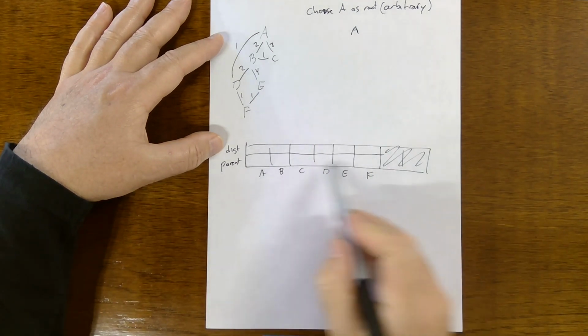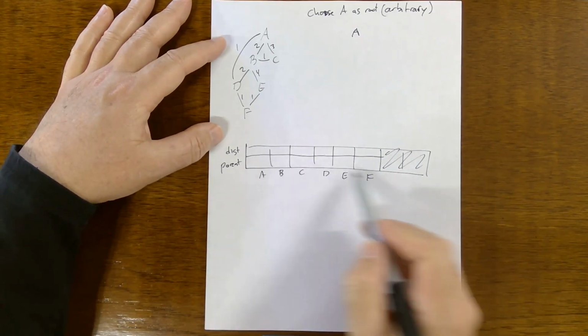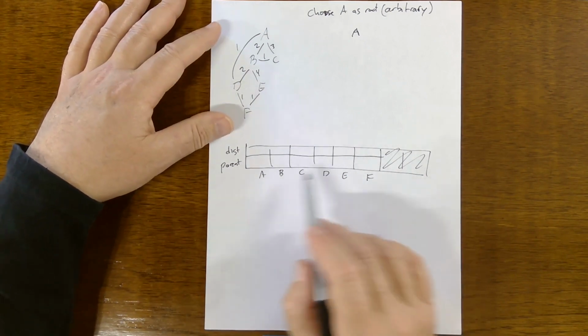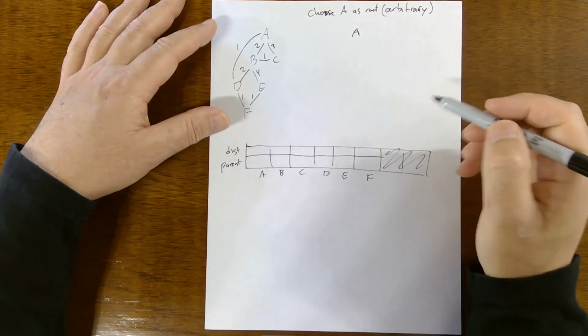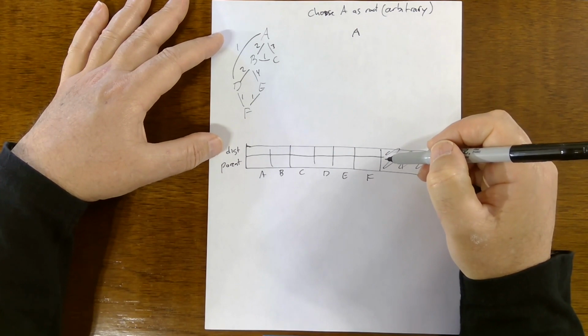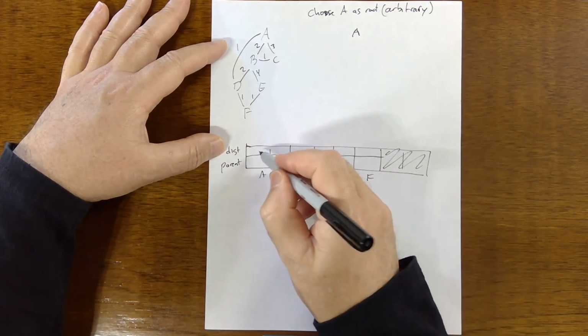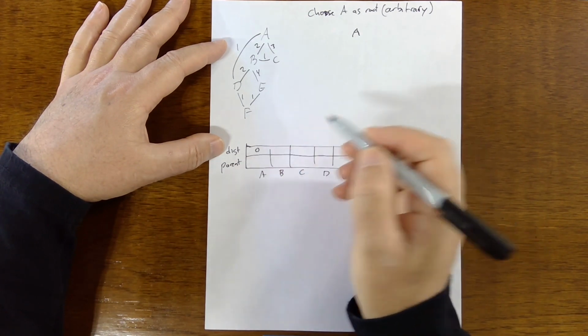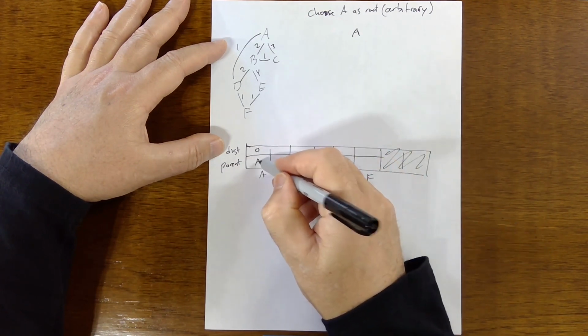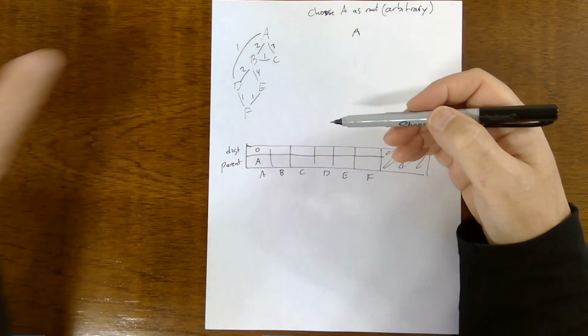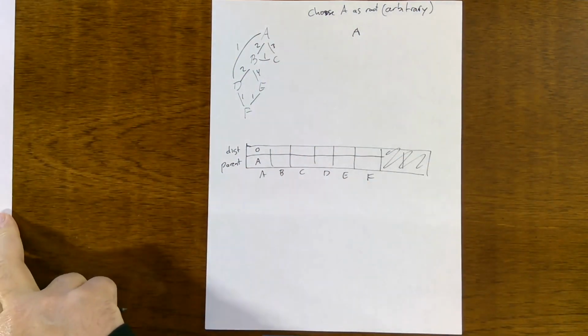So the bottom row is really storing a tree in an array, which is a simple way to store a tree, but for this algorithm, it's good enough. So let's see. We choose this guy. His distance to the tree is 0 because he's in the tree, and his parent is himself, let's say, because he's the root.